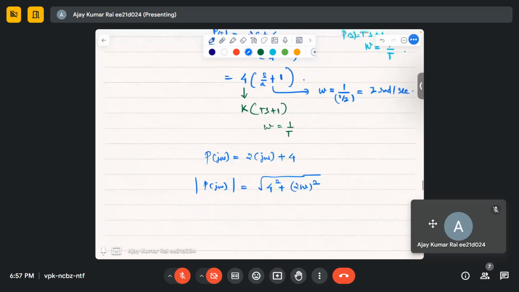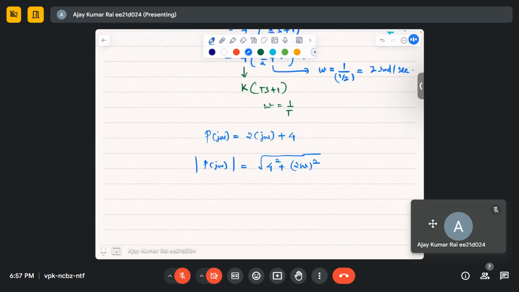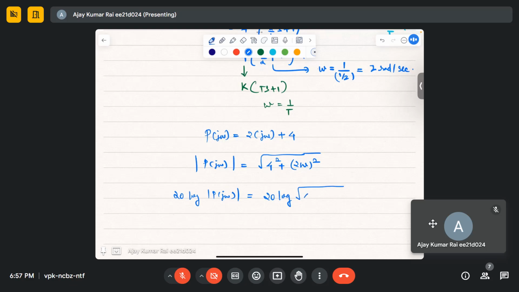So this is how the magnitude is. And if you want to find the magnitude in dB, you take 20 log of the magnitude. So this is the magnitude in dB.